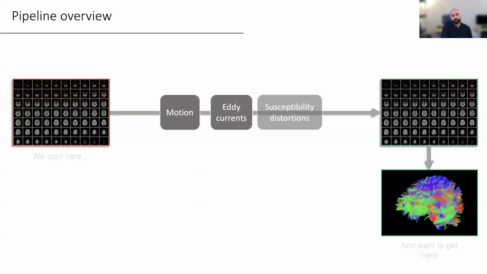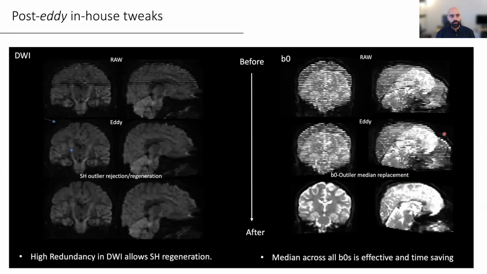So now we look back at this pipeline, and at this point we've added motion, eddy currents, and susceptibility distortions. Now, sometimes after we've done all of this, some things remain in the data. We spoke about B0 issues, where you have this within-volume motion that affects B0s that is not easy to correct for with tools that exist in the field.